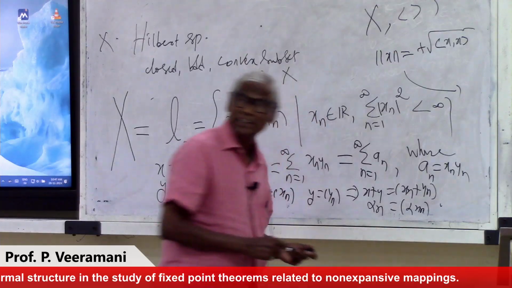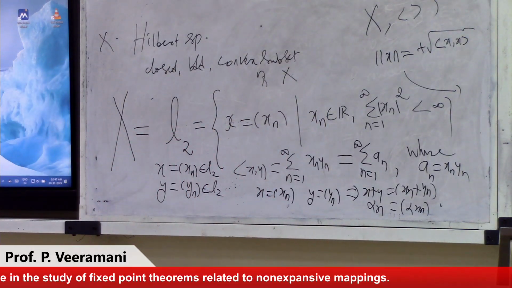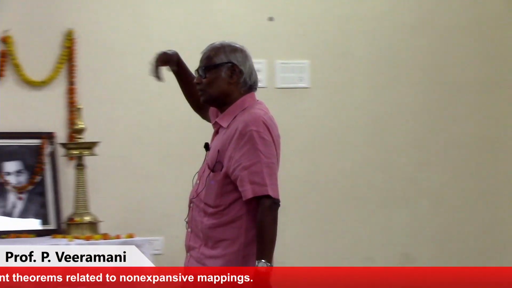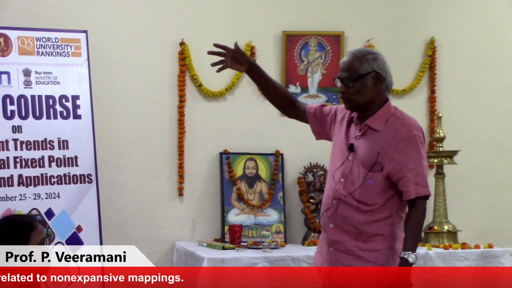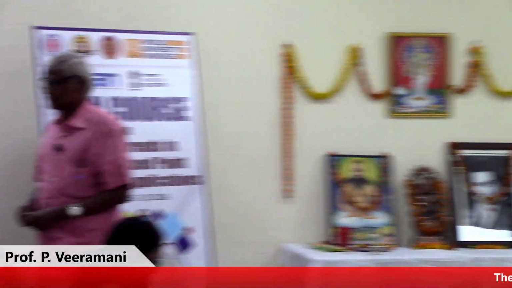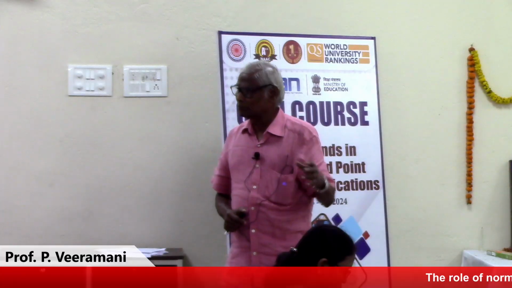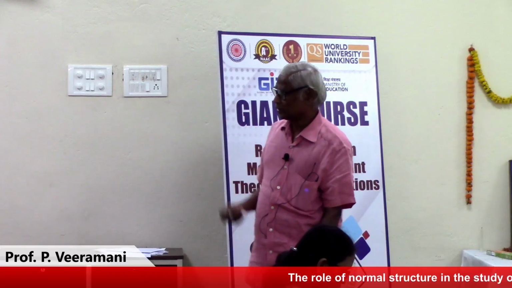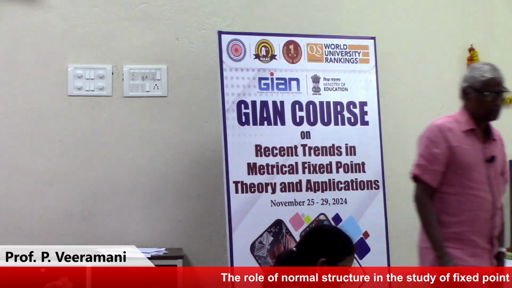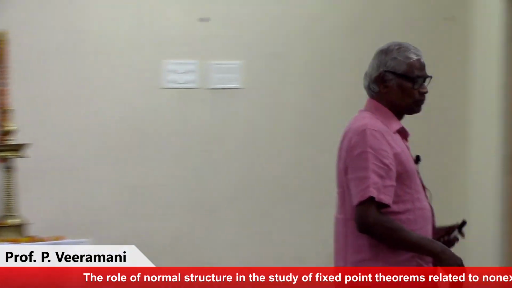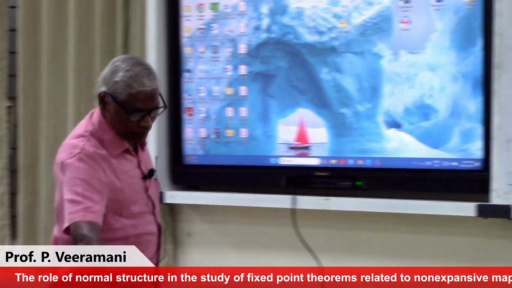Then we have to verify that it is a vector space. For that, if x is in L2 and y is in L2, you have to prove that x plus y is again in L2; that will be easier. Then while proving the norm or inner product, you need Minkowski's inequality, Hölder's inequality, like the Schwarz inequality in the finite dimensional case. Please go through this.